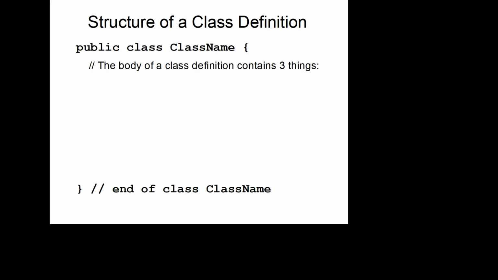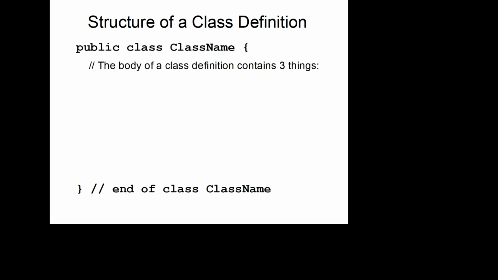It's traditional to capitalize the first letter of the class name. So we could say public class LollipopTree, or public class SmileySun, or public class Flag. Then there's a set of curly braces to mark the beginning and the end of the body of the class definition.